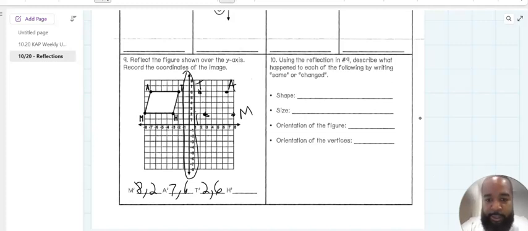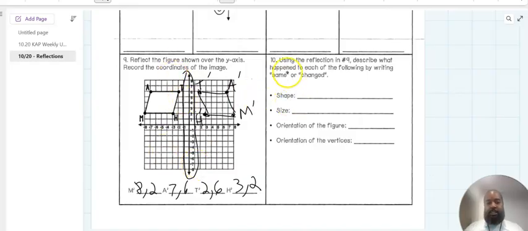And there's my H. These are all prime notation to let you know that they're new. Okay, so if I did this right, which I believe I did, I should have points that say that the x value changed and the y value stayed the same. So that's important to know.